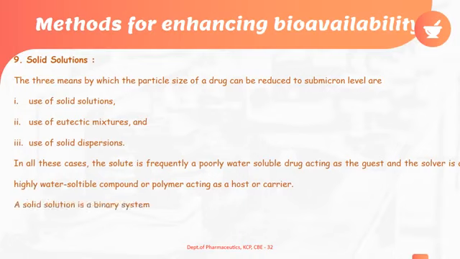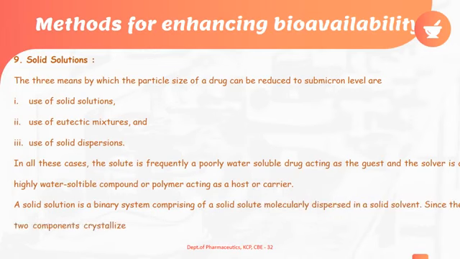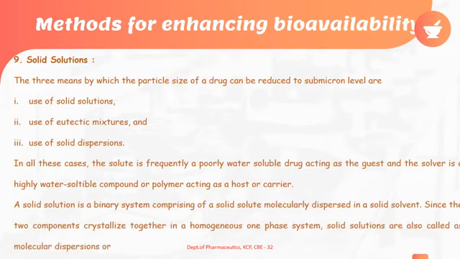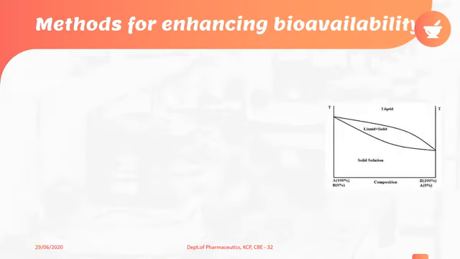A solid solution is a binary system comprising a solid solute molecule disposed in a solid solvent. Since these two compounds crystallize together in a homogeneous one-phase system, solid solutions are called molecular dispersions or mixed crystals.